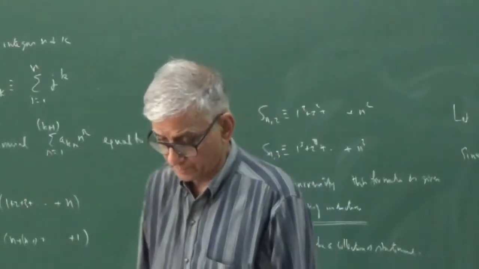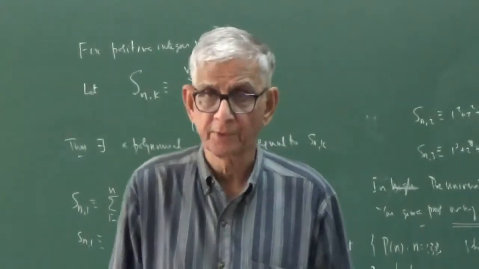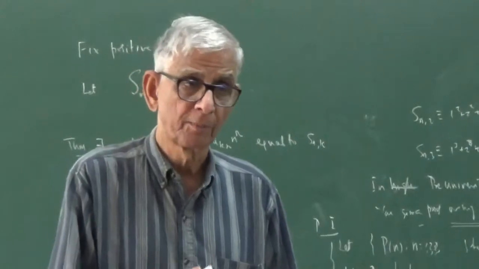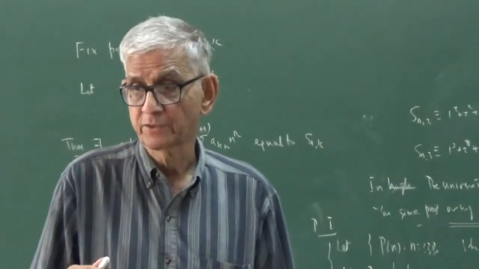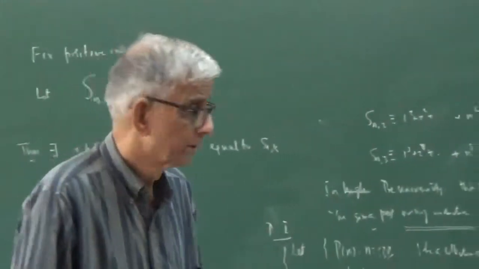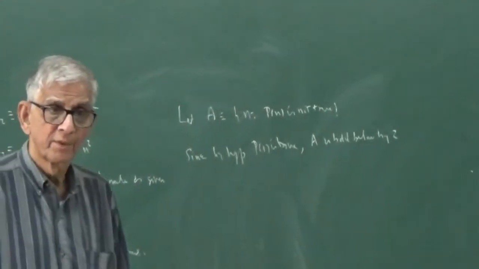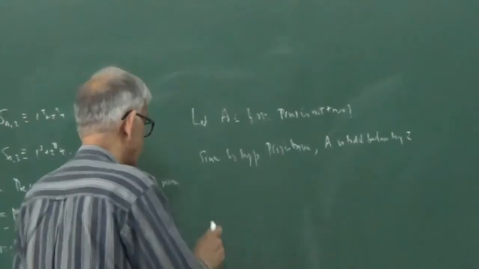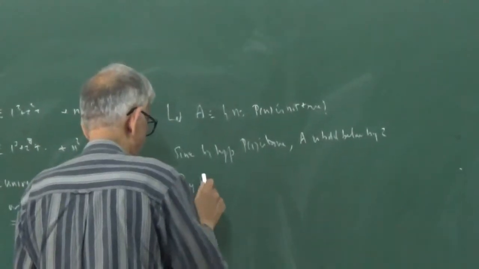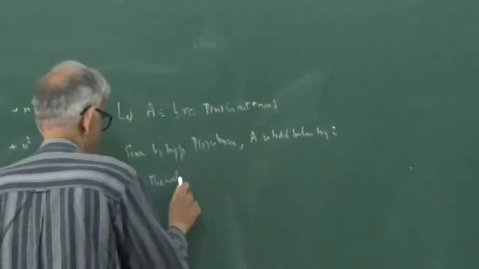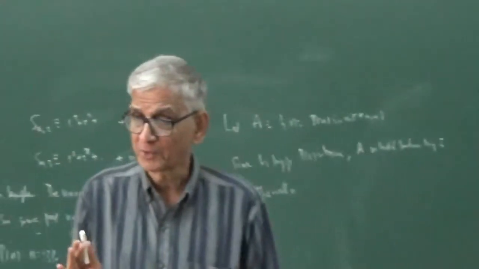And the real number system or the integer system has a property that any set that is bounded below has a greatest lower bound. By the well-ordering principle. Well-ordering principle is also an axiom.